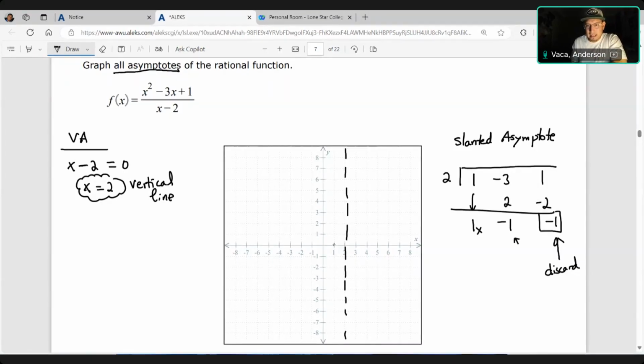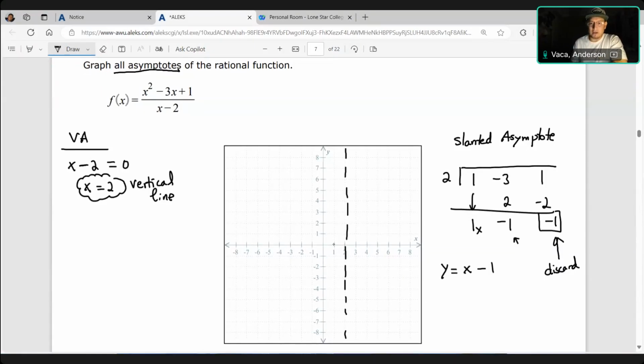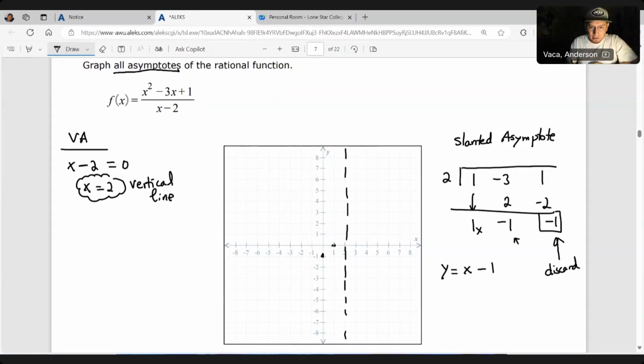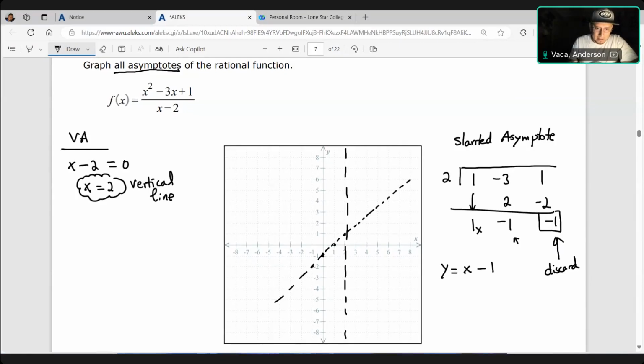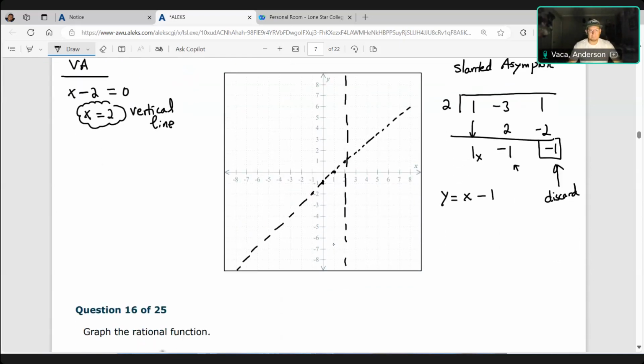So this line, y equals x minus 1, will be the slanted asymptote. So it has a slope of up over 1, up over 1. So I think that's as good as I'm going to get there. Okay, so you go ahead and do that. And that's all you need to do here. We're moving on.